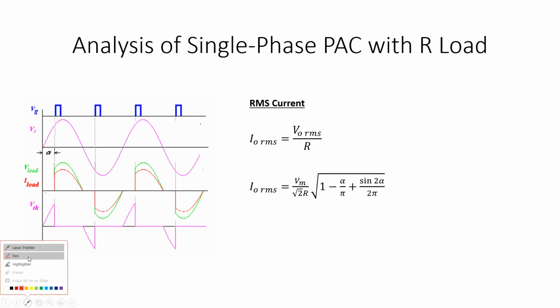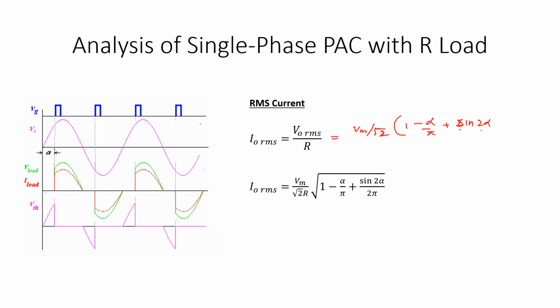So this is Vout RMS over R. Vout RMS is Vm over 2√π times √(π−α+sin2α/2), divided by R. So R goes here. That's the equation. Very easy. I hope everybody understands this.